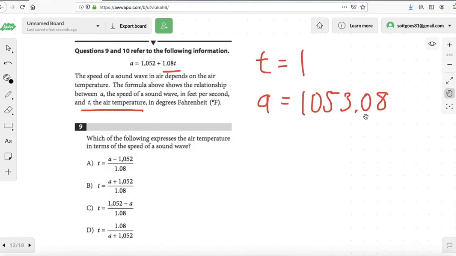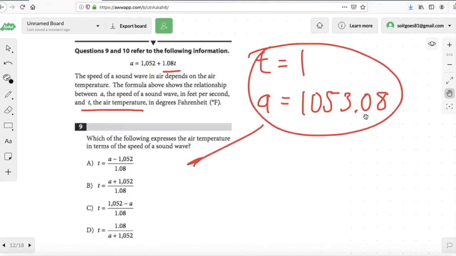So we're trying to find an equivalent expression here, the one that isolates T, but the correct answer choice still has to be a true statement. When T is 1, A has to be 1,053.08 in the correct answer choice. So let's plug those values into the answer choices and see what we get. Just for simplicity, I'll plug these in here on the whiteboard.